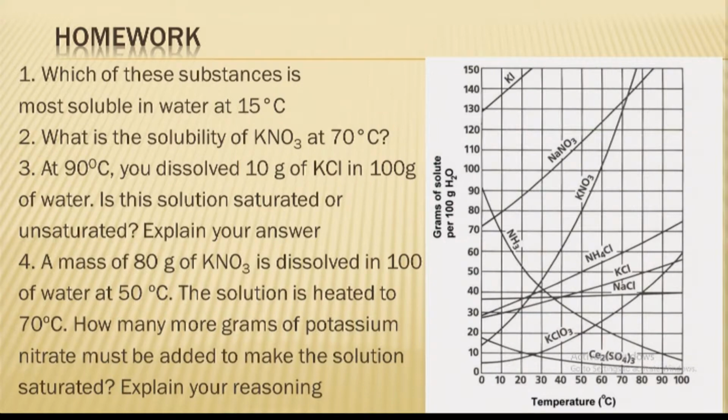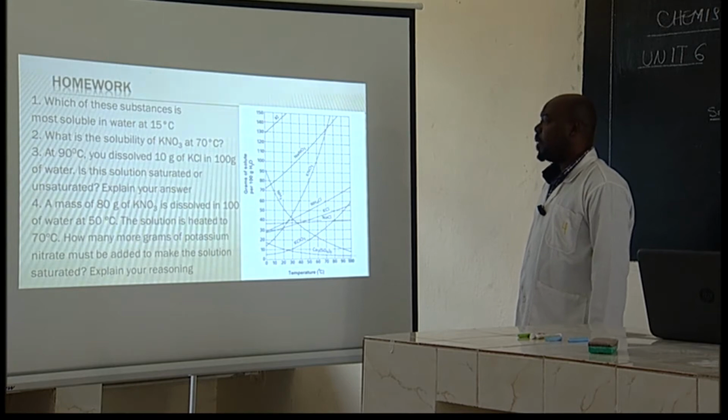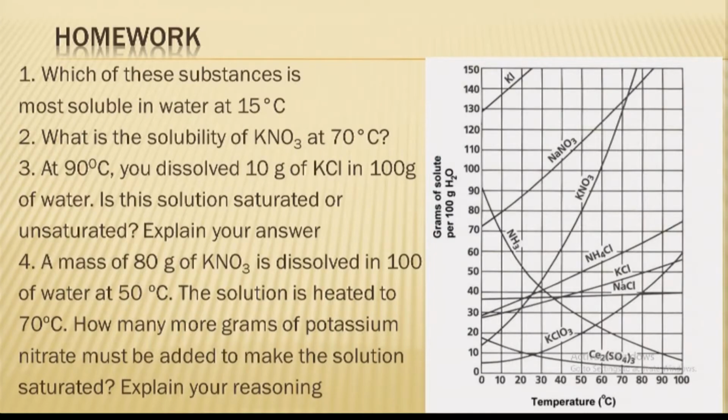At 90 degrees, you dissolve 10 grams of potassium chloride in 100 grams of water. Is this solution saturated? From the graph, you can determine whether it is saturated or not. And here you will have to explain your reasoning. And the last question, a mass of 80 grams of potassium nitrate is dissolved in 100 grams of water at this temperature, 50 degrees.